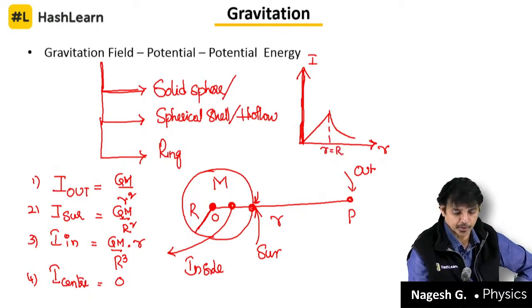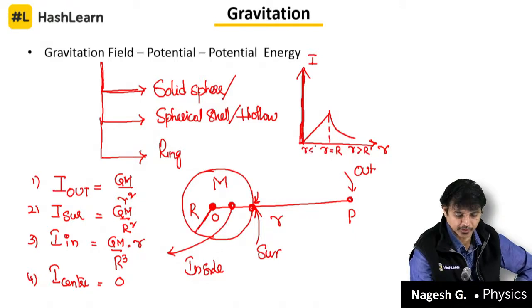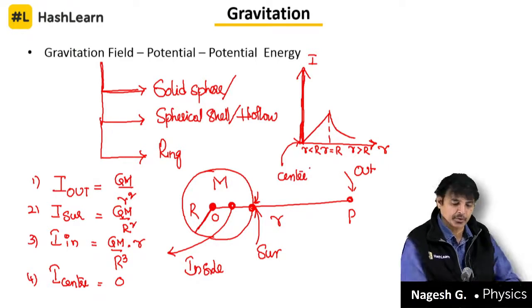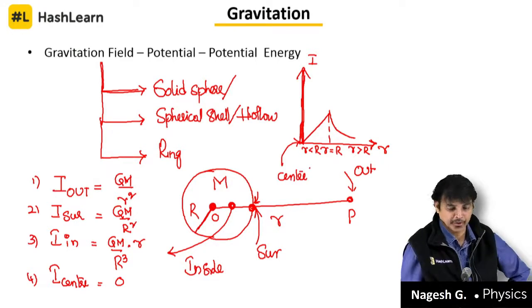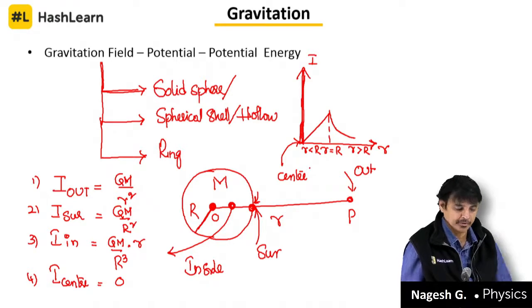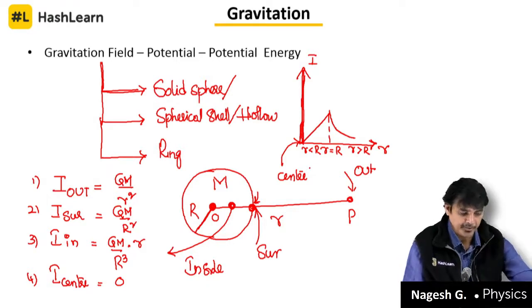At this point, small r is equal to capital R, greater than capital R, less than capital R. This point is the center. So, this is the strength of the gravitational field with respect to the first object, which is an example of a continuous mass distribution called a solid sphere.